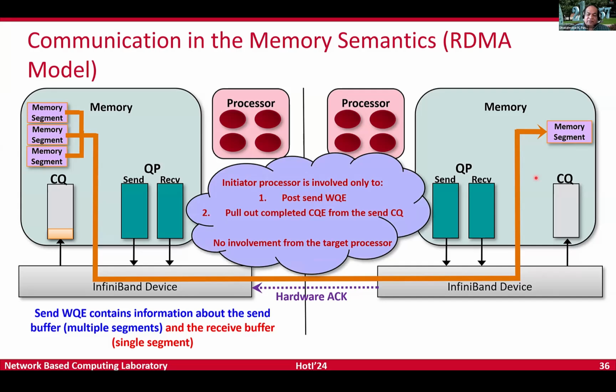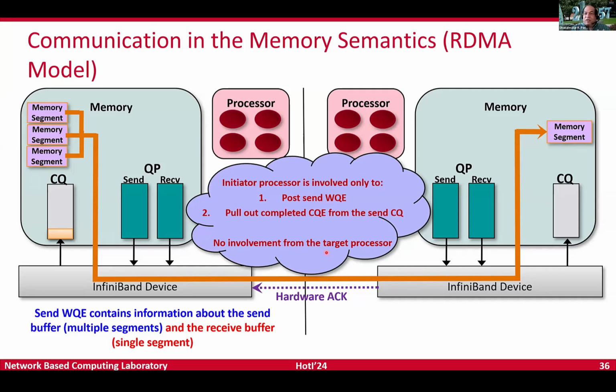Here you will see that the initiator processor is involved only in posting the send queue entry and pulling out the completion entries, and there is no involvement from the target process. So if you design your upper-level software and middleware appropriately, you can get a very good overlap between your computation and communication.